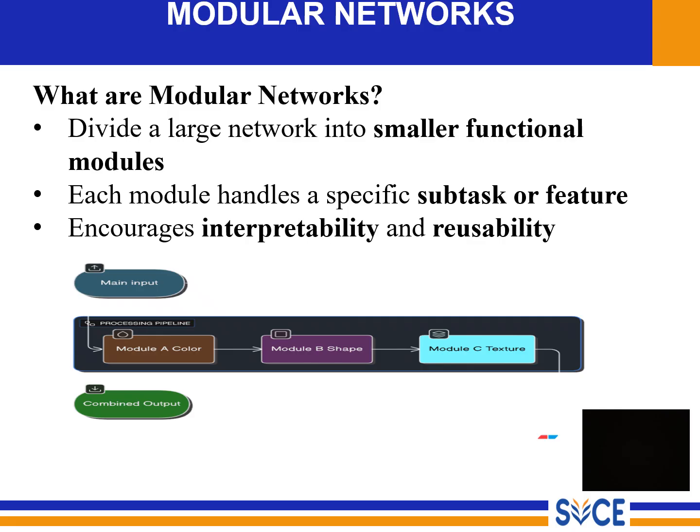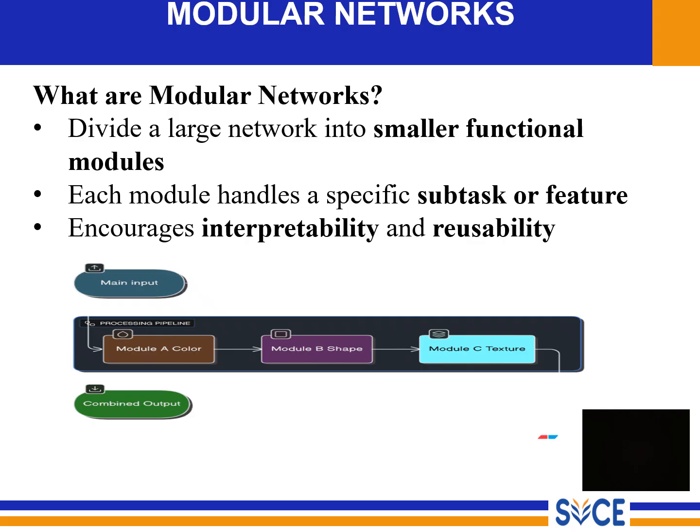By dividing the model this way, we make it more organized, interpretable, and easier to debug. If something goes wrong, you don't have to open the entire brain just to check the faulty module. So that is called modular networks.